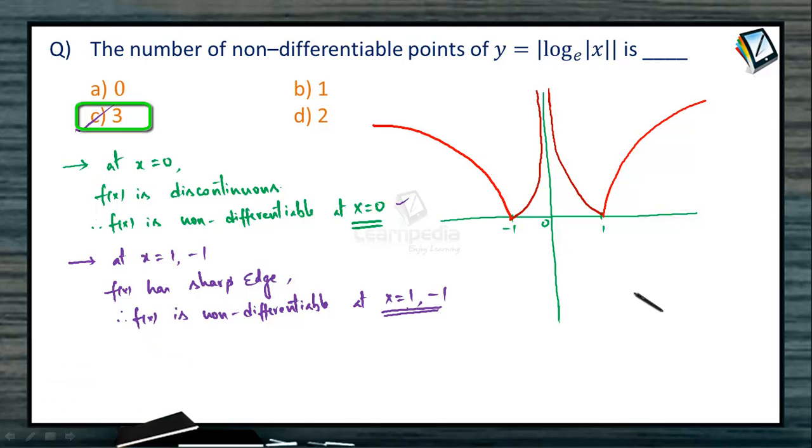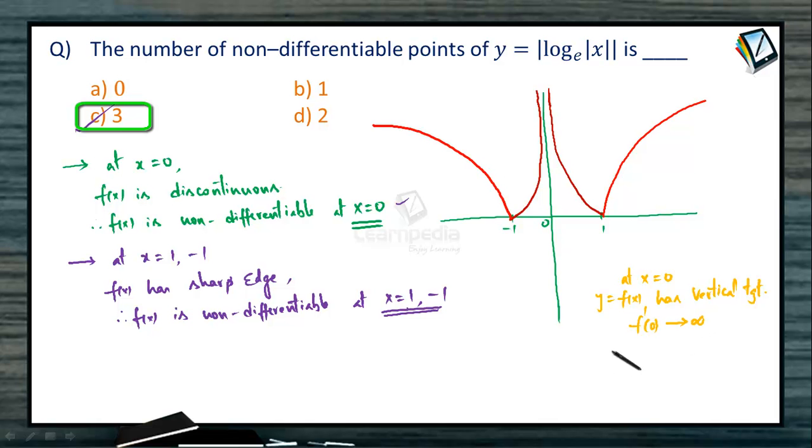Now as an observation we can also say at x equal to 0, the function y equal to f of x has a vertical tangent. That means the y-axis becomes the tangent at the point. So therefore the value of f dash 0 would tend to infinity.